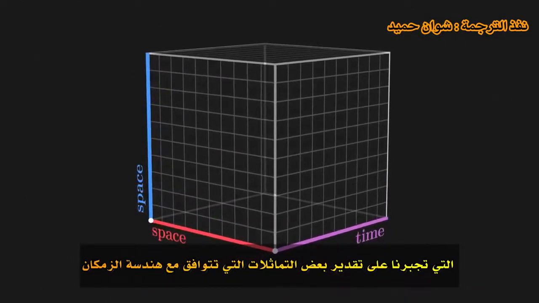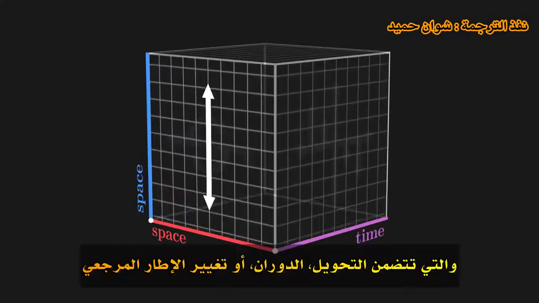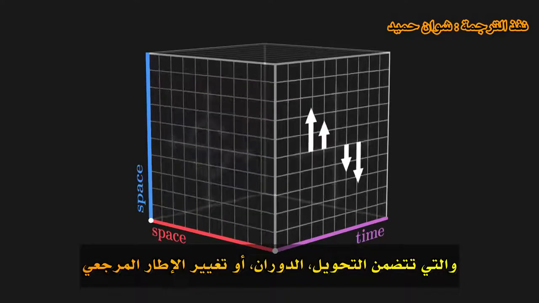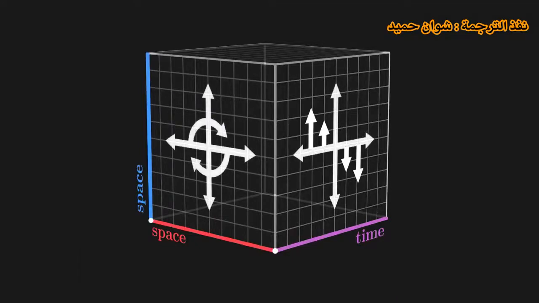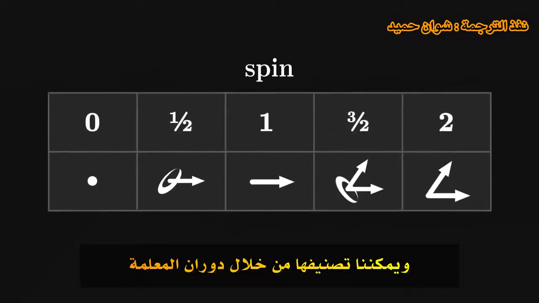It forces us to respect certain symmetries which correspond to the geometry of space-time. Symmetries of translation, rotation, or changing frame of reference. These symmetries are only respected by certain mathematical objects, and we can classify them with a parameter, spin.